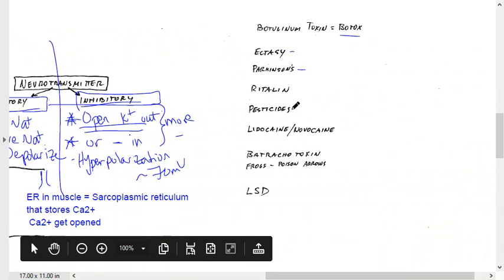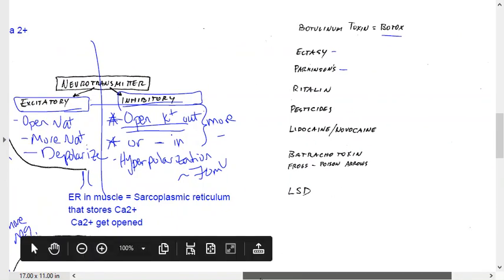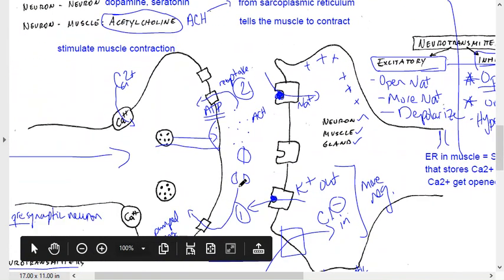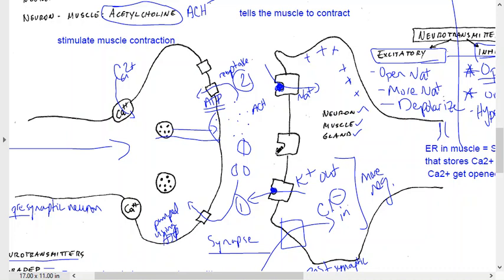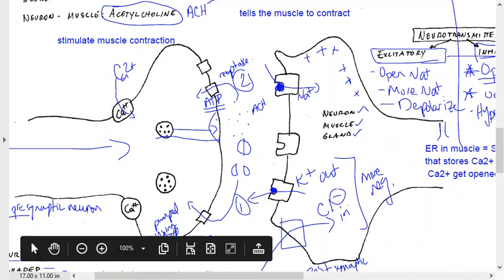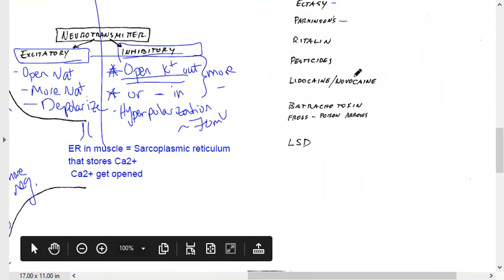Pesticides tend to degrade acetylcholinesterase, which means that acetylcholine lingers out here and stays bound to these receptors, and the muscle is continually activated and never resets, so that can lead to paralysis. Lidocaine, if you ever go to the dentist, lidocaine or Novocaine blocks sodium channels.